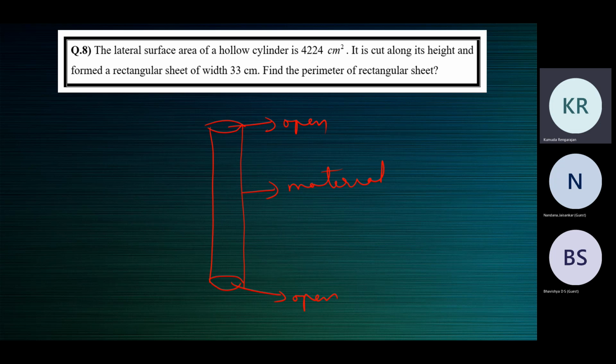So if you cut open the cylinder with a scissor and spread it, it will be a rectangle of width 33 centimeters. Find the perimeter of the rectangular sheet.